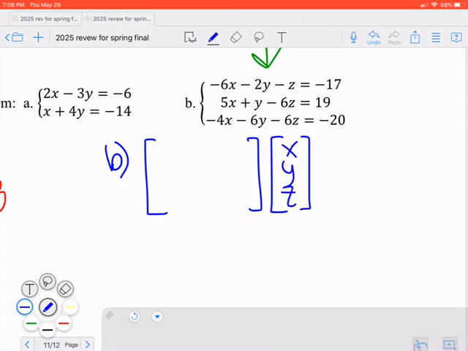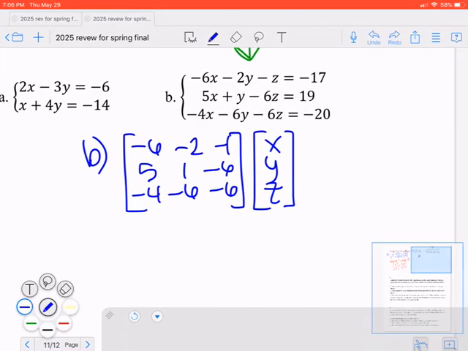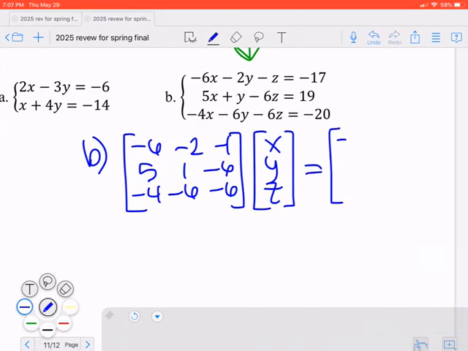So our coefficients, negative 6, negative 2, negative 1, 5, 1, negative 6, negative 4, negative 6, negative 6. Now remember, if on the final, if one of them's missing, like say this didn't have a z, then that would mean it's a 0. But this one has it. Equals negative 17, 19, negative 20.